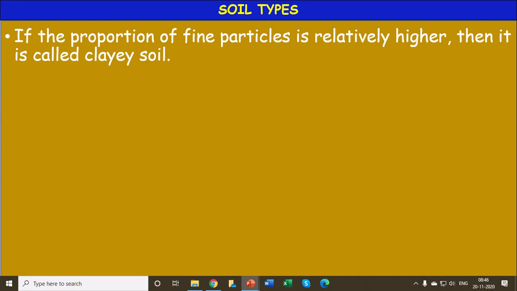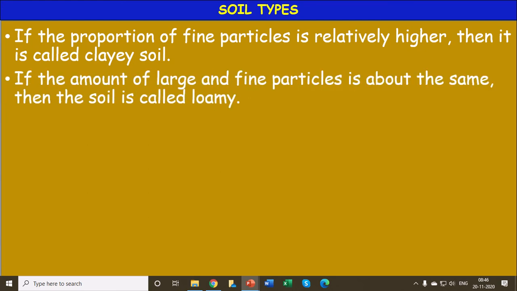So the mixture of rock particles and humus forms the soil. The amount of each component in this mixture will determine the type of soil. If more sandy particles are present, then it is a sandy soil. If more fine particles are present, then it is called a clayey soil. If the amount of large and fine particles is about the same, then the soil is called a loamy soil.